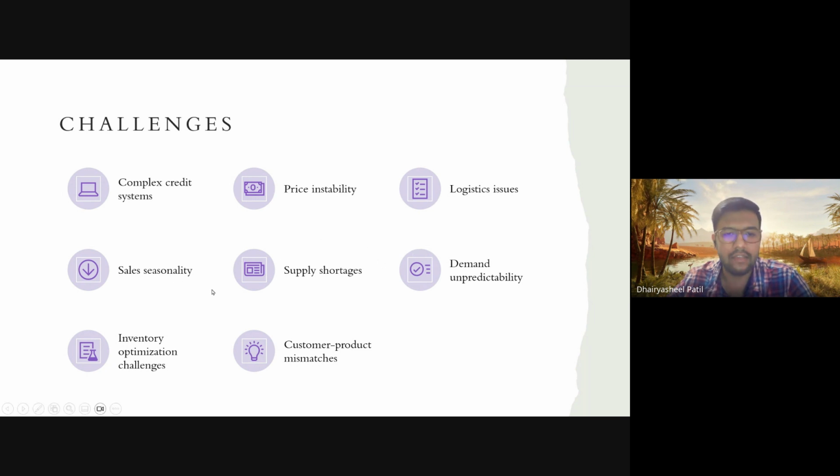And as these products are related to the agriculture industry, seasonality will be there, and supply shortages are always there because of the nature of the industry. There is also demand unpredictability due to seasonality, and most of the demand unpredictability comes from available government schemes.